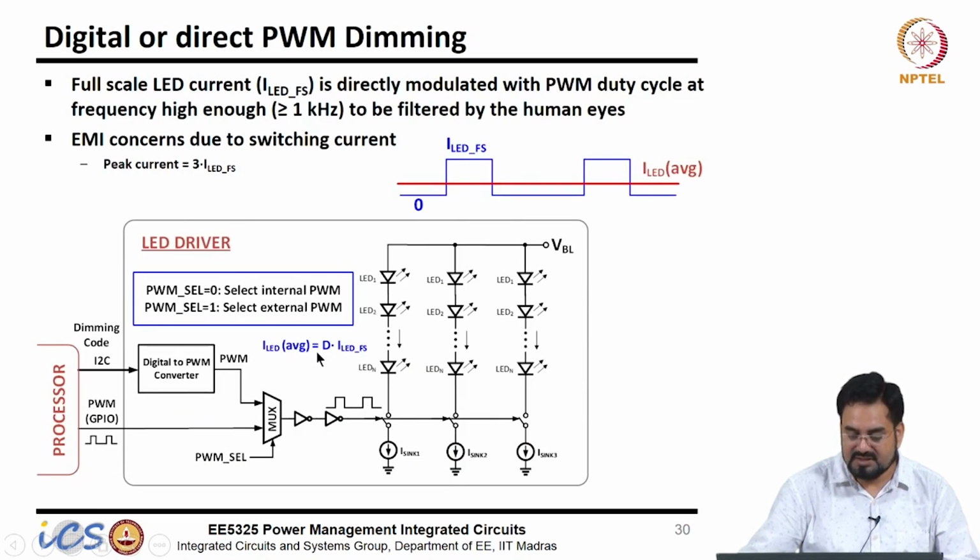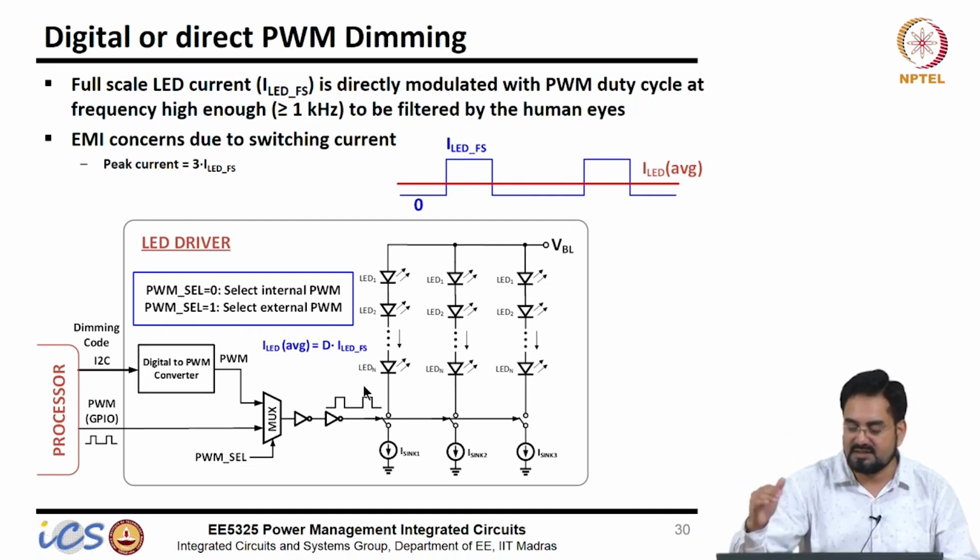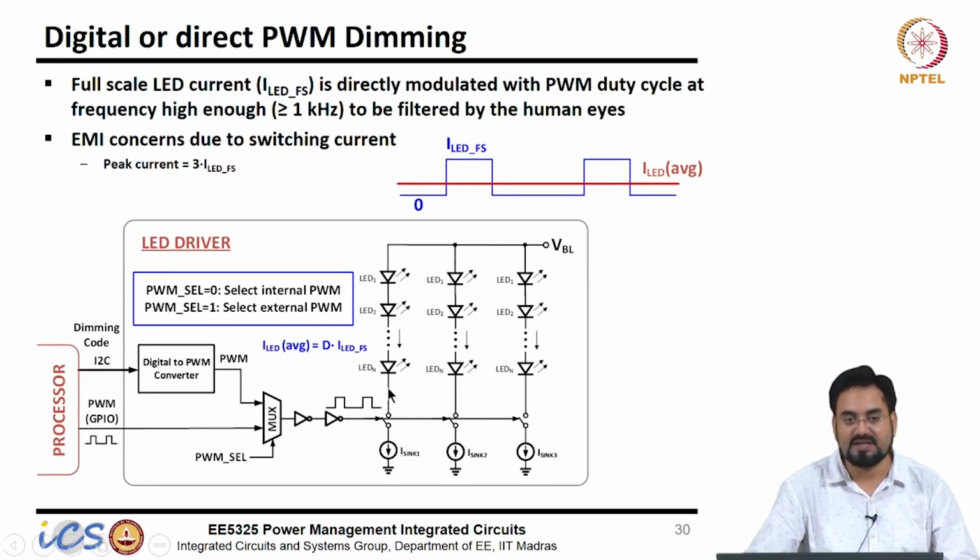Now this duty cycle is multiplied by this full scale current, and our eyes will see a continuous brightness. When the duty cycle is varied, it will look like a continuous variation in the current to our eyes. The only thing is that your voltage will be changing, maybe a lot, especially this voltage.